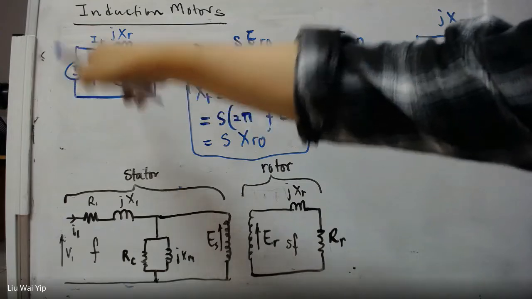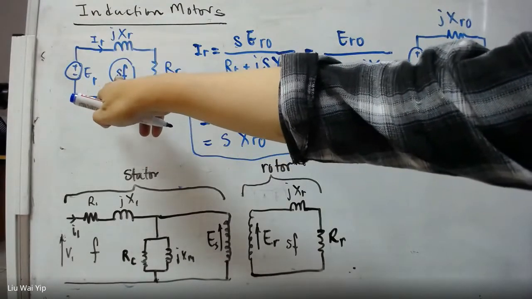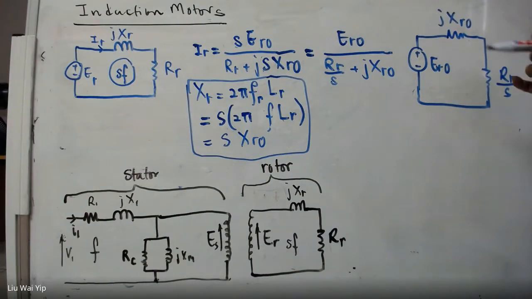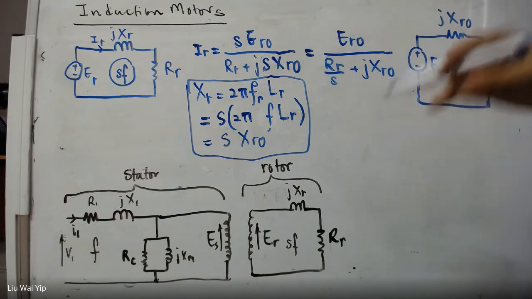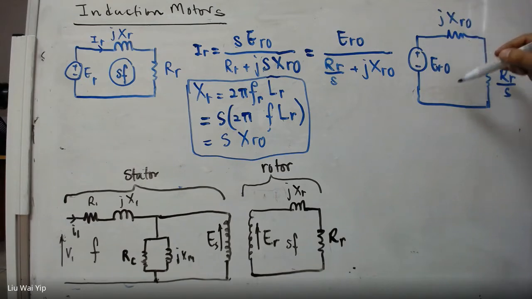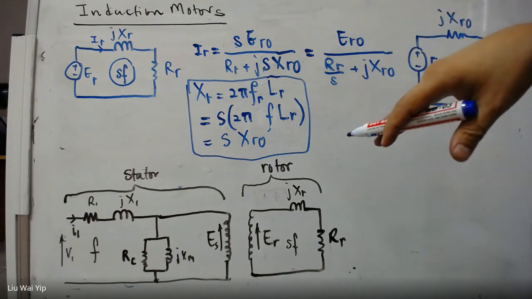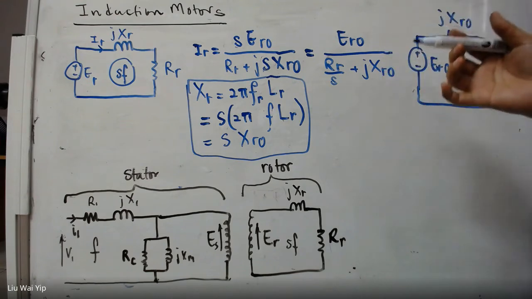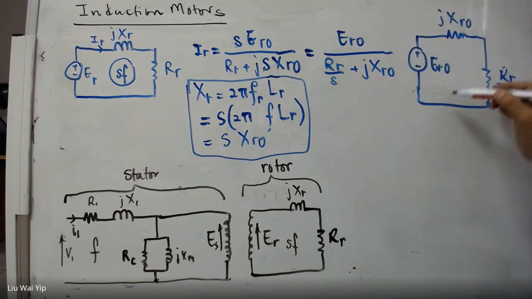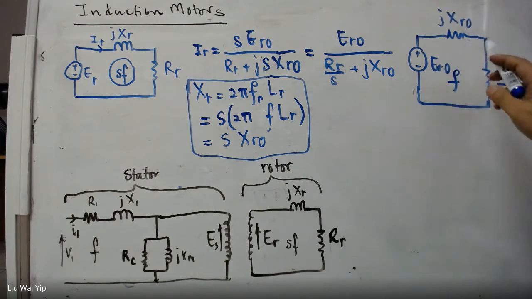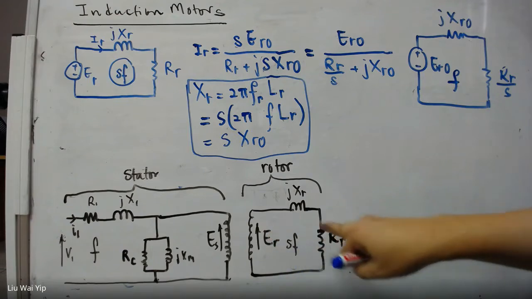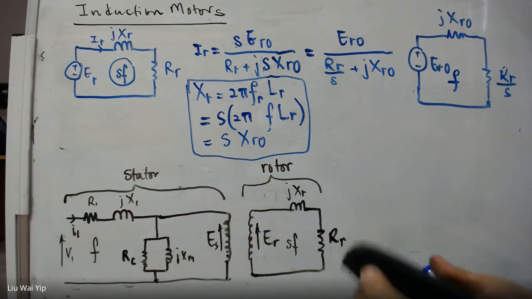Originally, the circuit is running at frequency SF, but this time we are replacing it with the rotor running at a standstill. This means there is no velocity. So the stator and the rotor are both stationary. In this case, the frequency here is F. So in other words, both circuits will be running at frequency F.